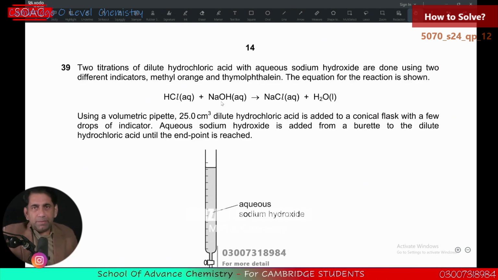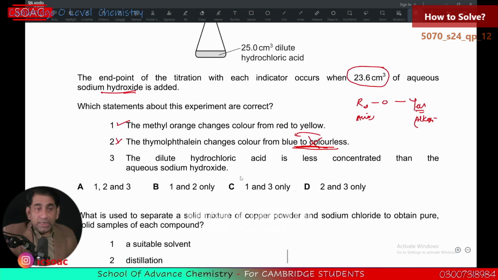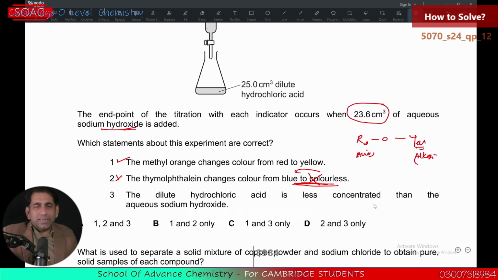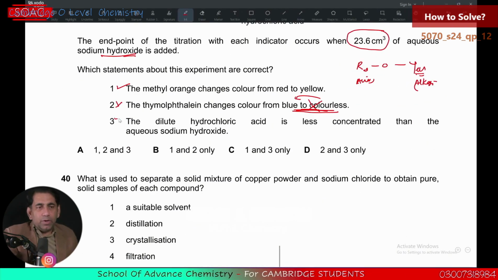If they both have the same concentration of OH negative ion and H positive ion, then their volumes must be used in the same quantity. But the quantity is not the same. So yes, it is true. The dilute hydrochloric acid is less concentrated than the aqueous sodium hydroxide, because less sodium hydroxide is being used in this titration, so it means it is more concentrated. Sodium hydroxide is more concentrated than the HCl. Yes, it is correct. 1 and 3, and C is the correct option.